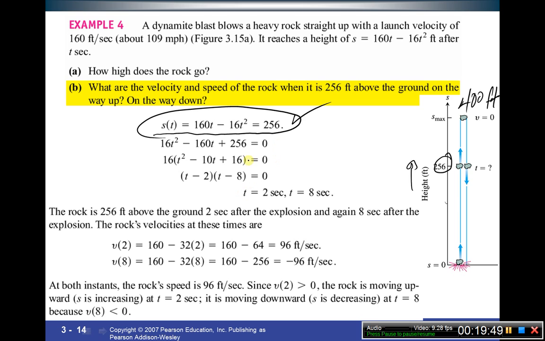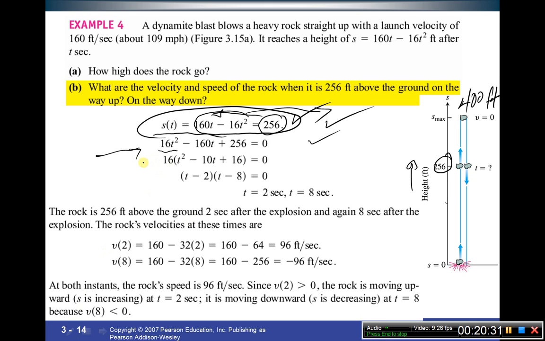So solving this equation for t, we get a quadratic equation. We take 256 over to the other side, and we're taking these terms over to the other side and creating a quadratic equation with 16t squared positive. So we get the equation 16t squared minus 160t plus 256 equals 0.